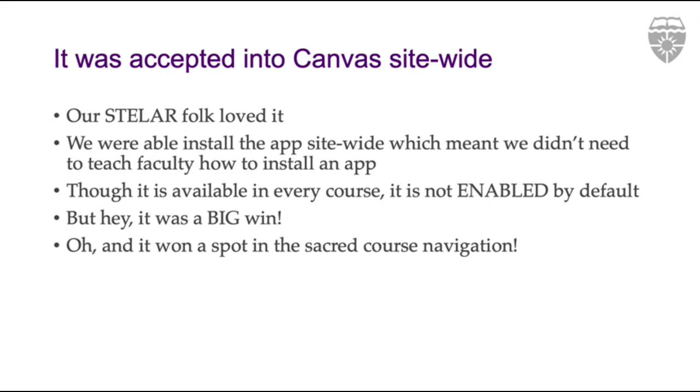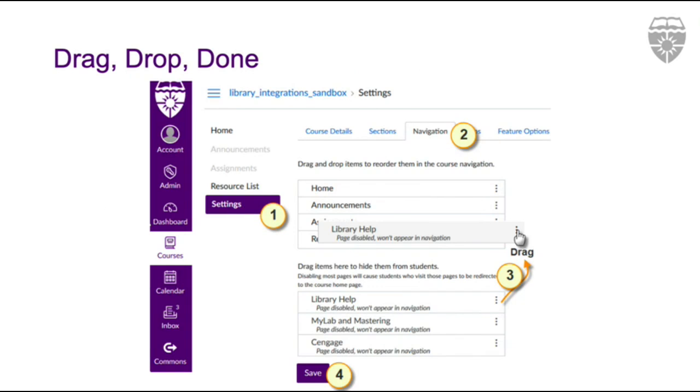Oh yeah, and we got on the sacred space of the course navigation, which is big. So these are the steps that we teach faculty. Step 1, all faculty know how to do this because they have to do this for their courses anyway. They need to go into their settings area. Once they're in their settings area, go to navigation. This part they're also familiar with because they are moving things around.